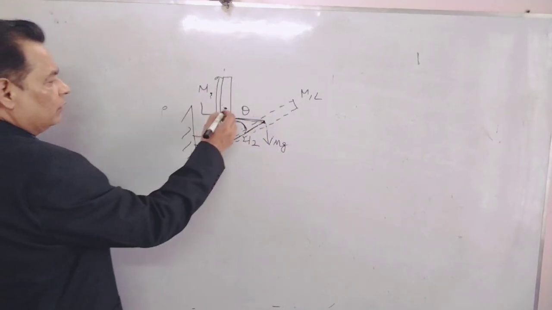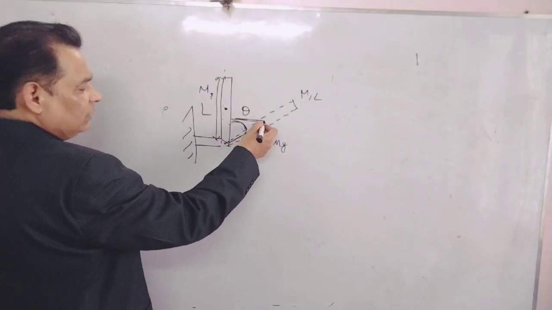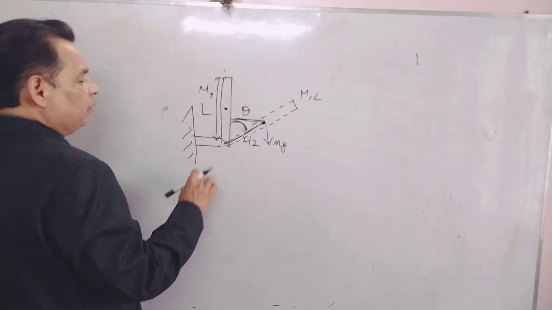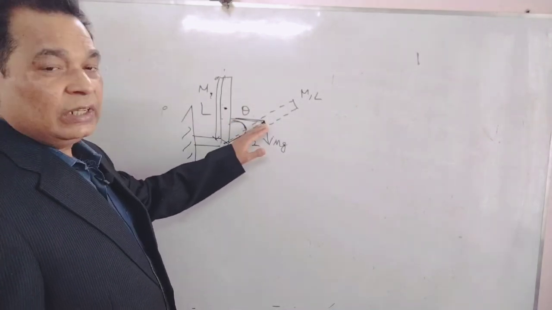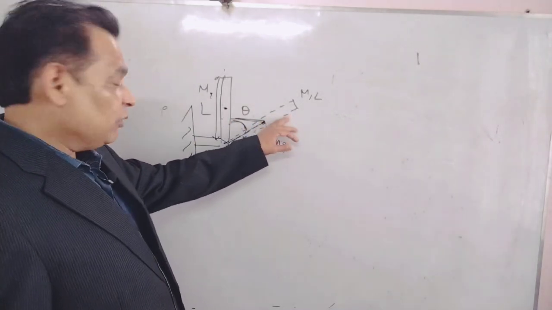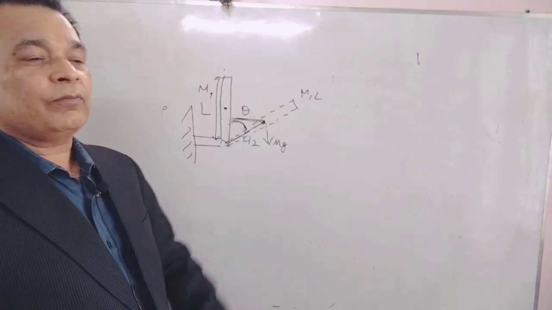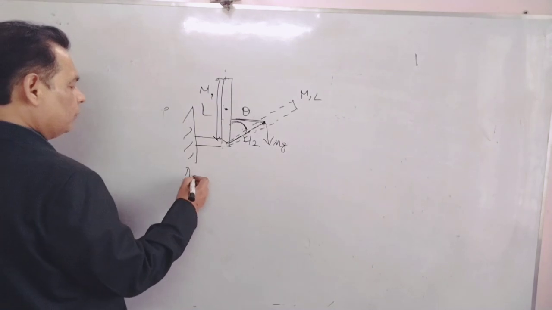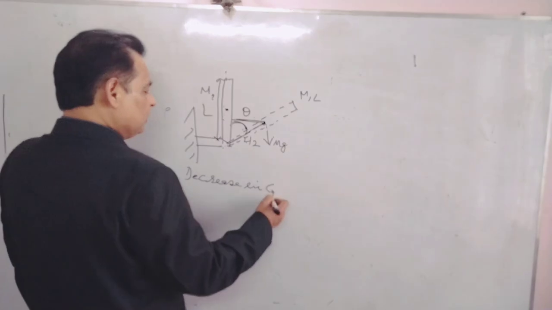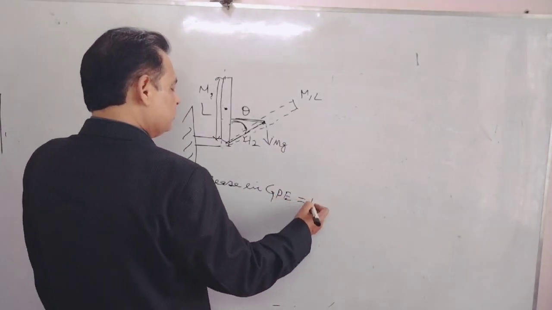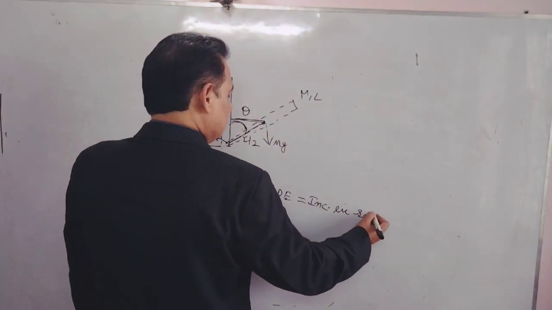If it starts from the vertical position and is at angle theta at a particular instant, the gravitational potential energy is decreasing, and the rotational kinetic energy of the system about this axis passing through the end is increasing. So the decrease in gravitational potential energy equals the increase in rotational kinetic energy.